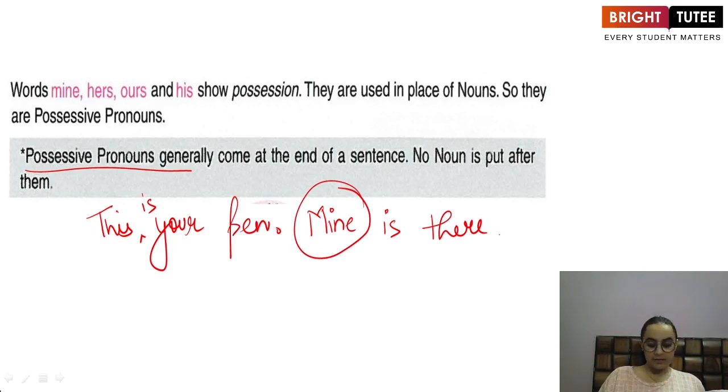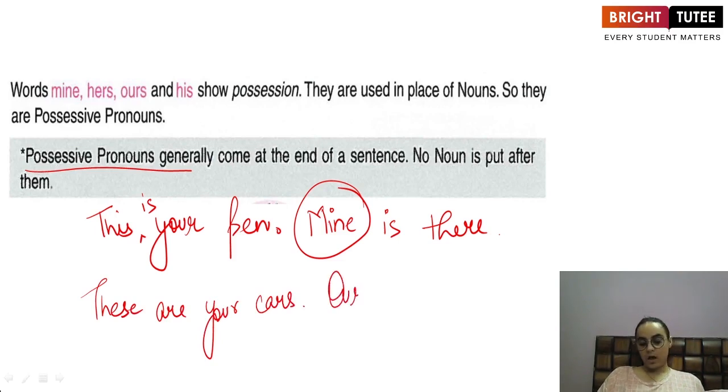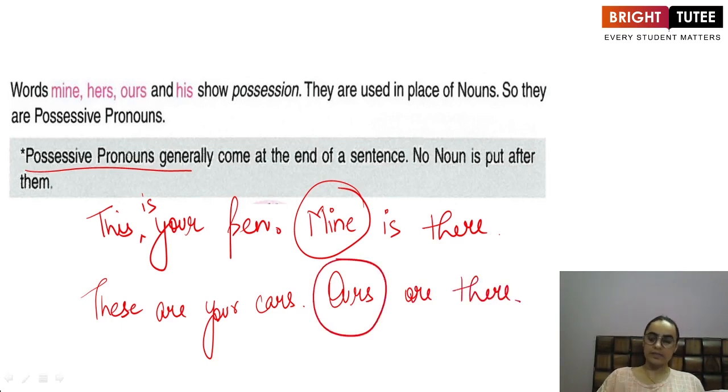If I give you another example, these are your cars, ours are there. Again, I've used the possessive pronoun ours at the beginning of the sentence. So a possessive pronoun can either be used at the end of the sentence, which is generally the case, but there may be specific cases when they may even be used at the beginning of the sentence.